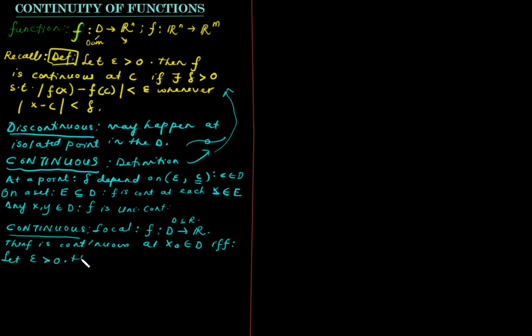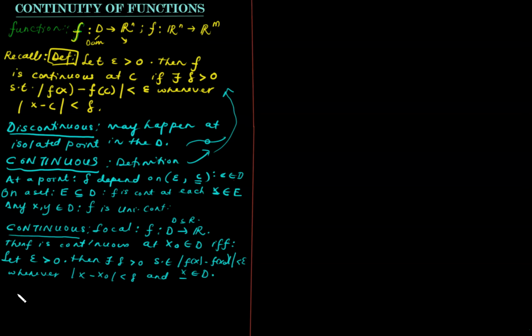Then there exists delta greater than 0 such that the absolute value of f of x minus f of x naught is less than epsilon whenever x minus that point is less than delta, and x naught must be in D. Well, the x value must be in D.